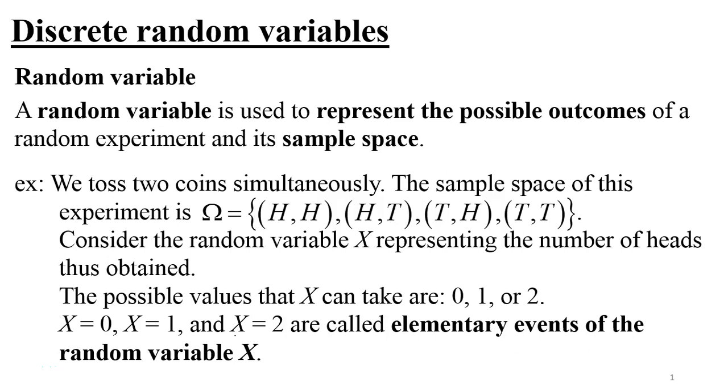Well, a random variable is a variable that is associated with the sample space of a certain random experiment, where the random variable would be defined to be studying a certain aspect of this random experiment, or the outcomes of this random experiment.